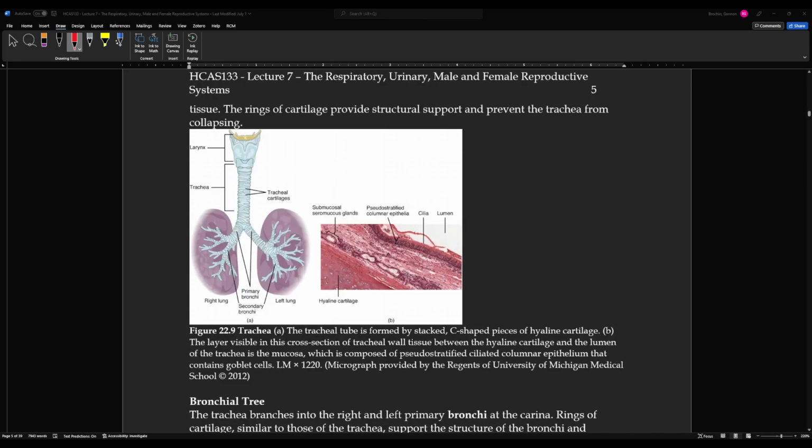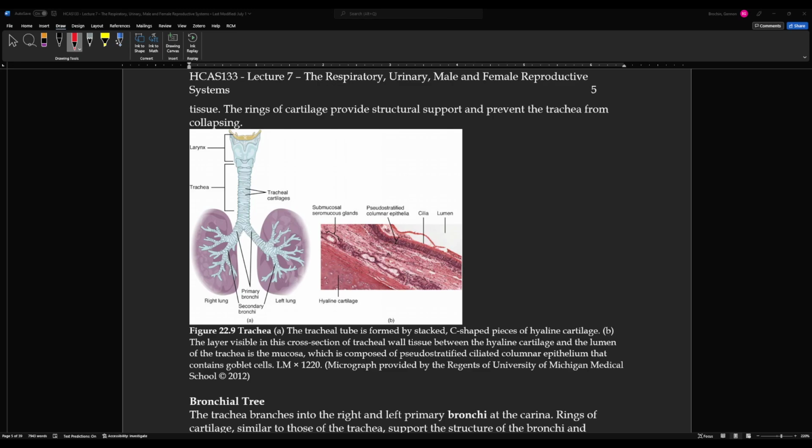One important thing to talk about with the trachea is its histological structure. On the lining of the lumen, we have pseudostratified columnar epithelia. These guys have cilia on them, and this is very important, and this is part of why it has to be this type.